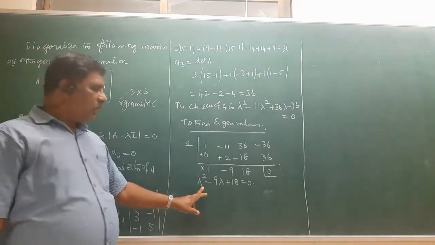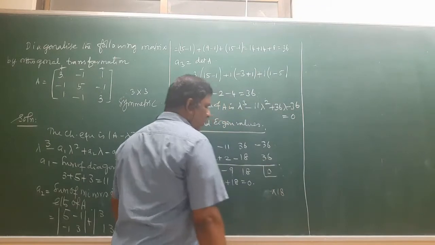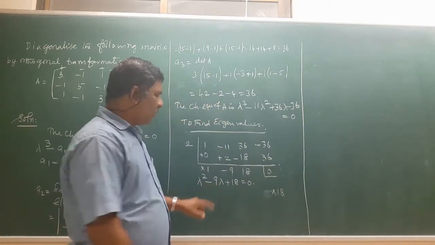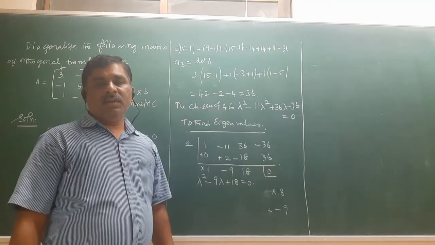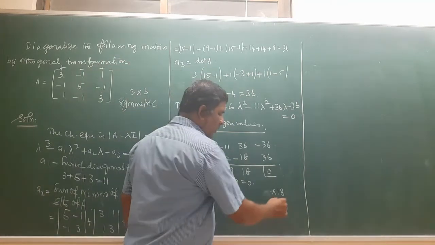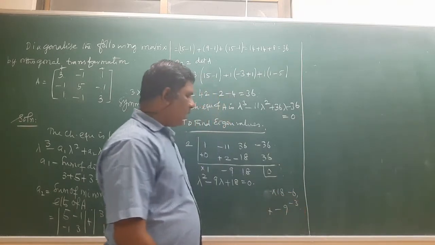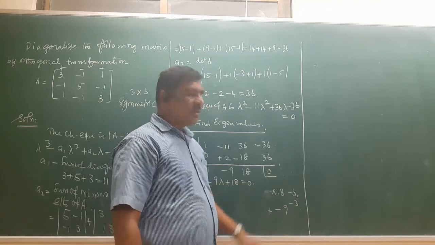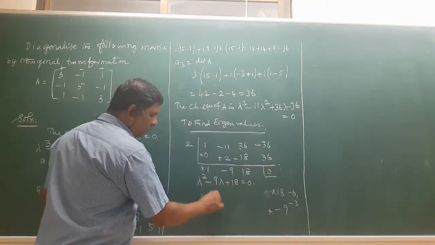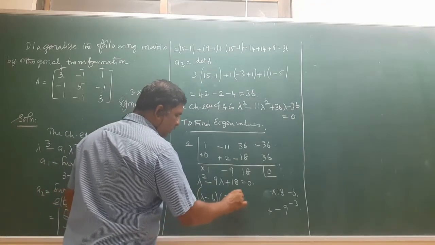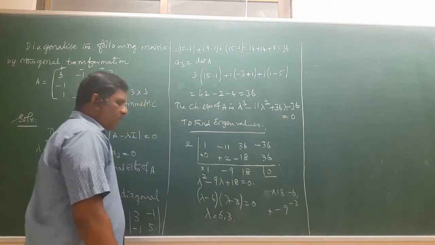When two elements are multiplied, you get 18, and when added, you get -9. The two elements are -6 and -3. Therefore, (λ - 6)(λ - 3) = 0, so λ = 6, 3.